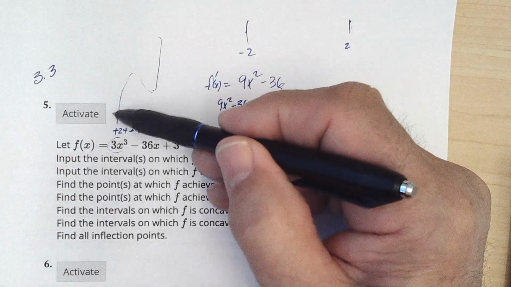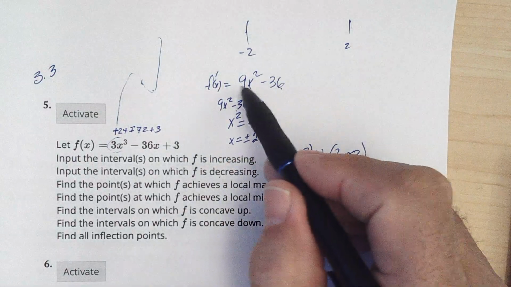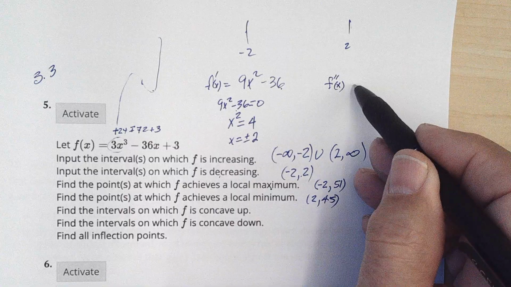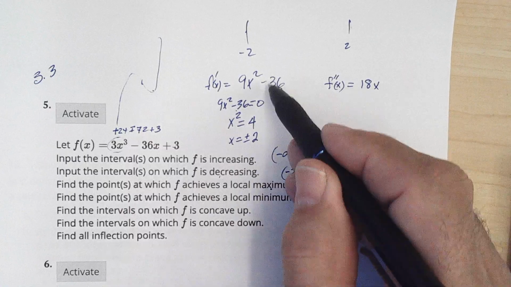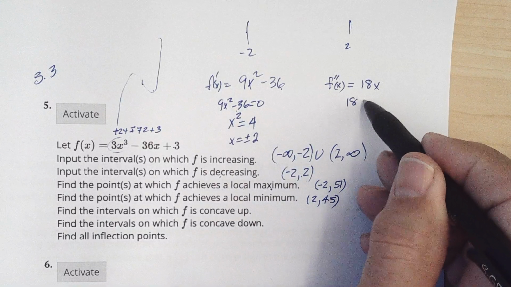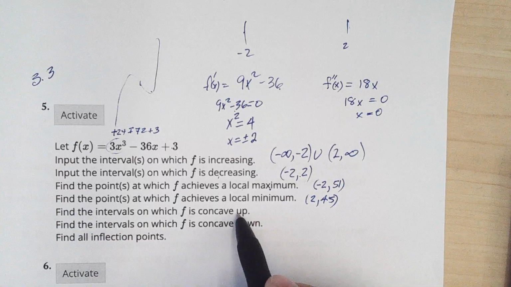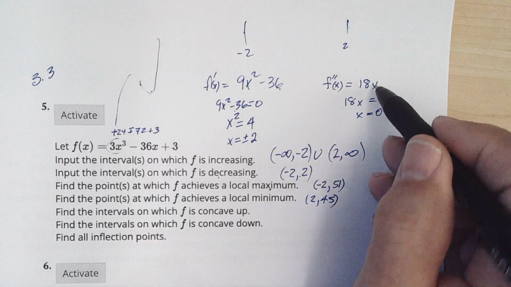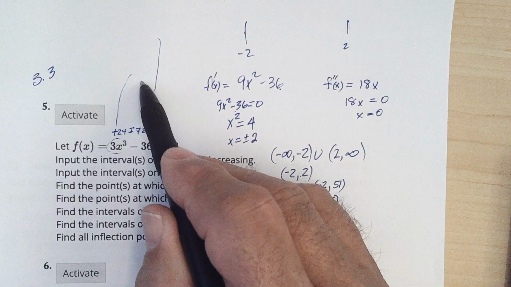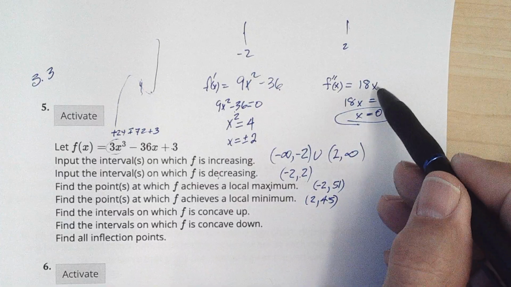Okay, now the concavity changes just once. It's concave down and then it's concave up. The concavity is determined by the second derivative, which is 18x plus nothing, because the derivative of that is 0. 18x equals 0 when x equals 0. So for the intervals where it's concave up, we could check by putting in something bigger than 0, like 2, and 2 times 18 is 36.